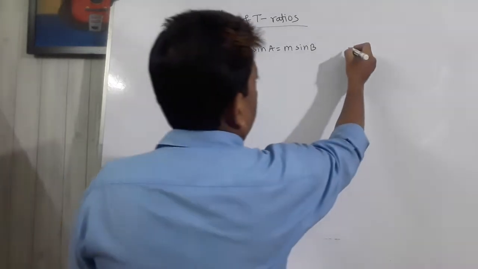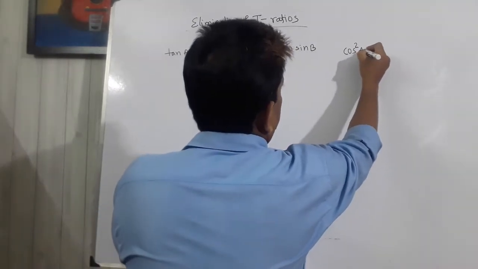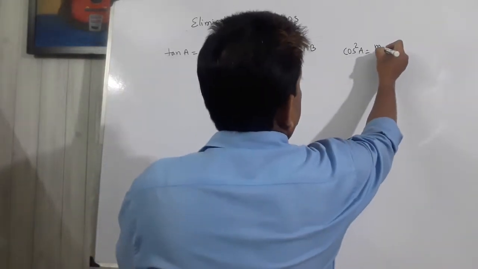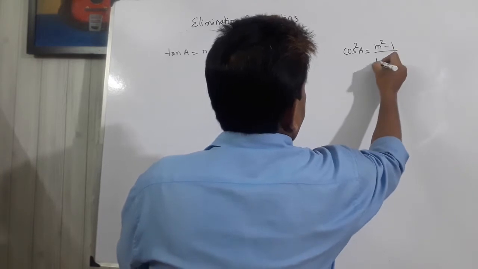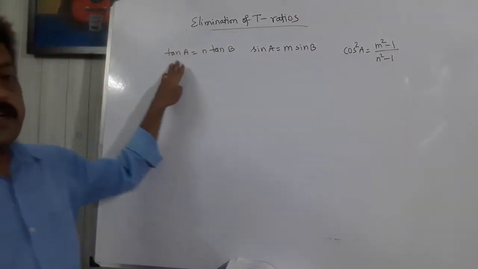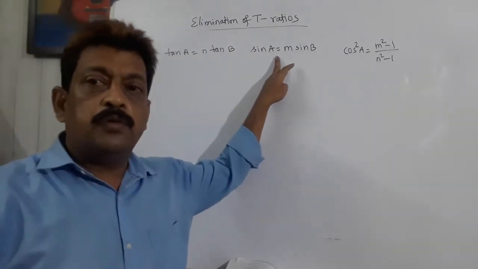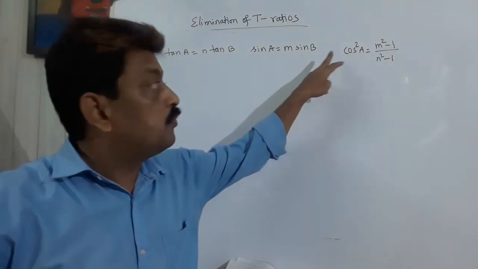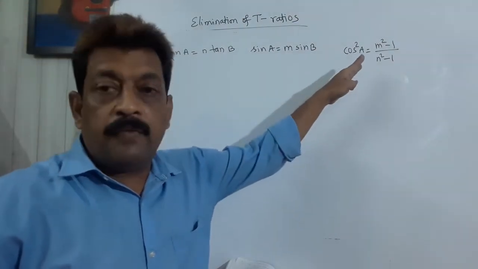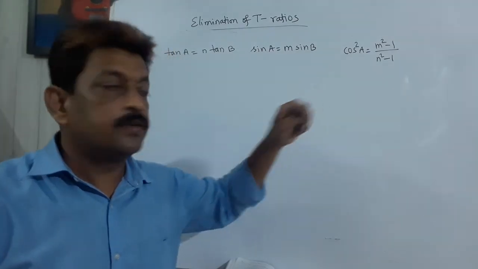We have to prove that cos square A equals to m square minus 1 divided by n square minus 1. So tan A equals to n tan B, sin A equals to m sin B. We have to show that cos square A equals to m square minus 1 divided by n square minus 1.